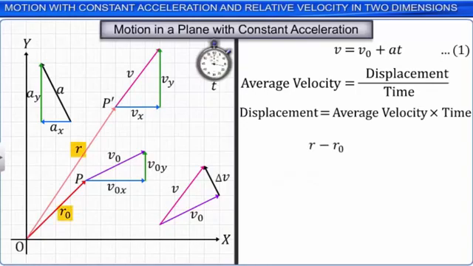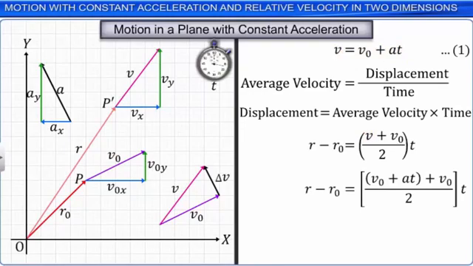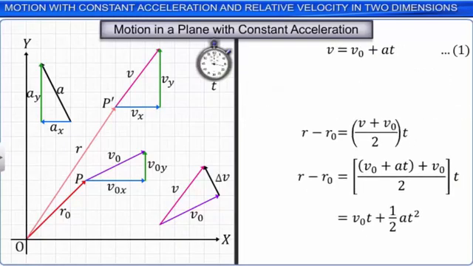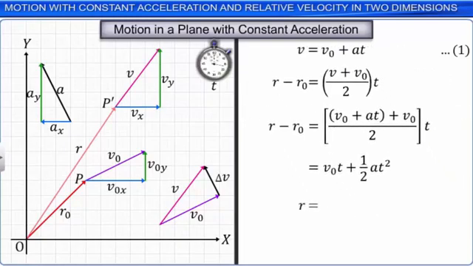Substituting equation 1 in this equation, you get r is equal to r0 plus v0t plus half at square, as shown here. Let this be equation 2.